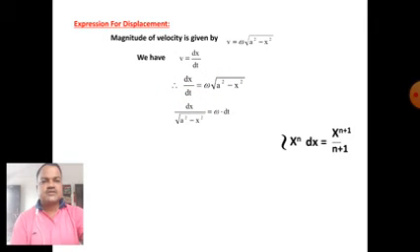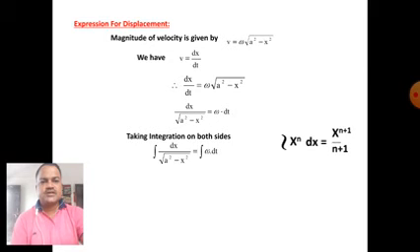Again integrate on both sides. We get the integration of dx upon square root of a square minus x square is equal to the integration of omega into dt. Here omega is a constant value, so it comes out of the integration. Then the integration becomes sine inverse of x upon a.